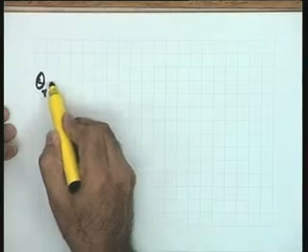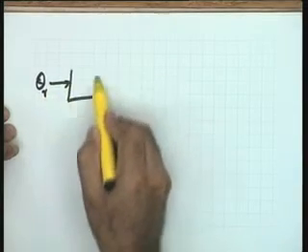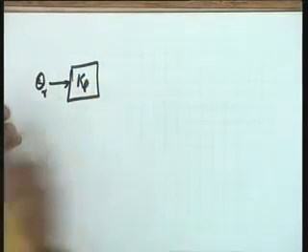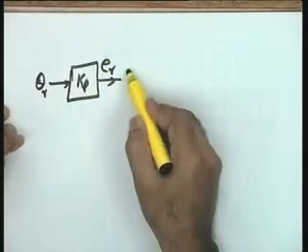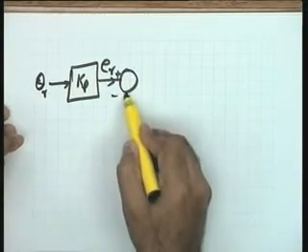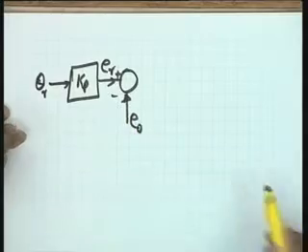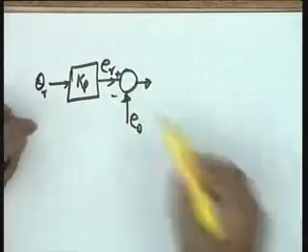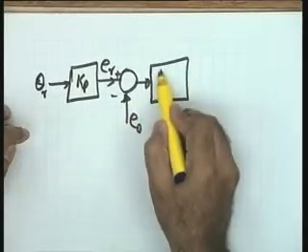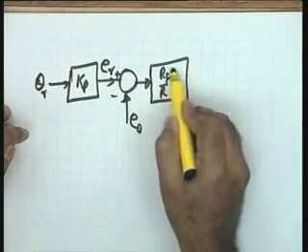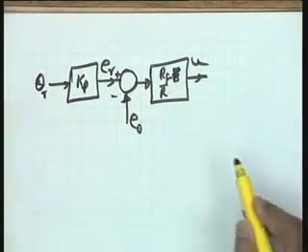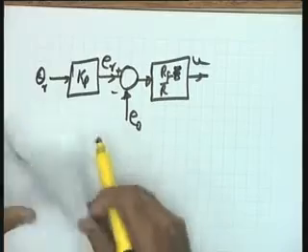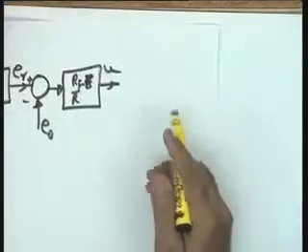Theta r is the reference input, this is your Kp which you can take inside, Er is this voltage, plus minus this is E naught the feedback, this is being compared. Rf by R into Kt, Rf by R gives you U here, the control signal. What is this control signal doing?